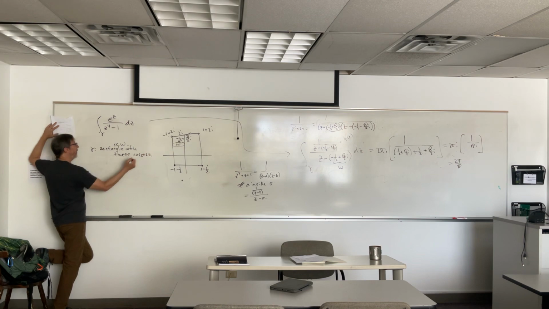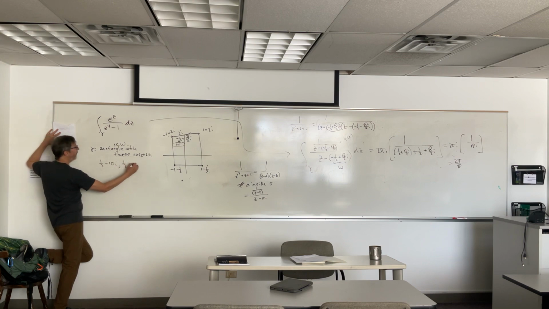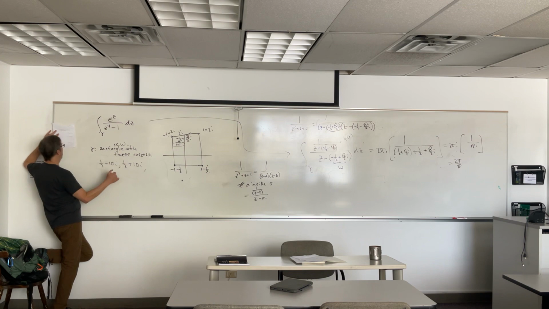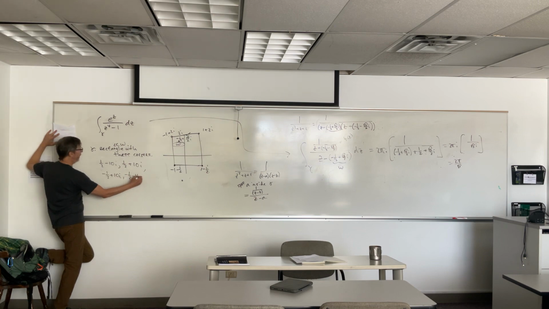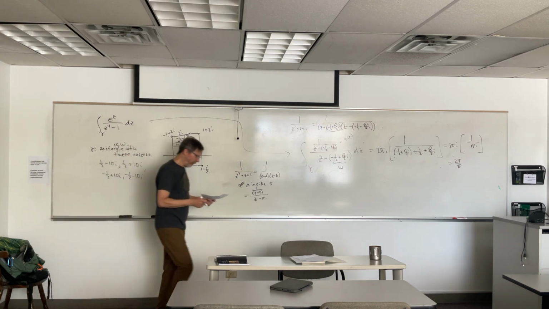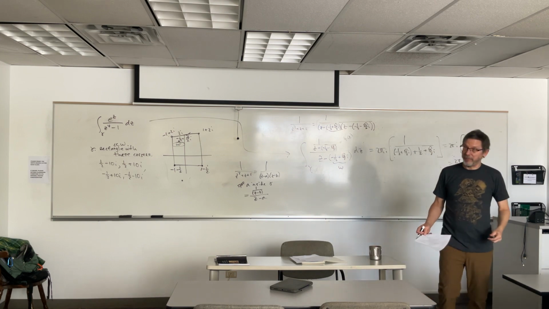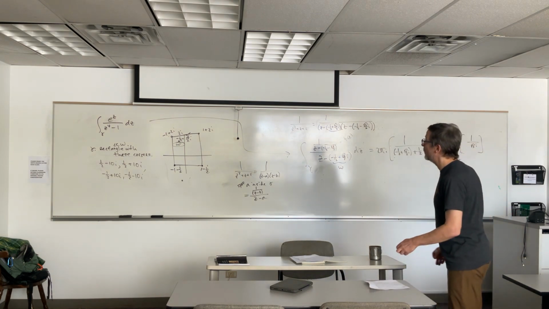It doesn't matter where you start. The corners are 1/2 minus 10i, 1/2 plus 10i, negative 1/2 plus 10i, negative 1/2 minus 10i, and then back to here. So this is circuiting you around. Let's see what we can do with this, and see if it creates any new problems for us.